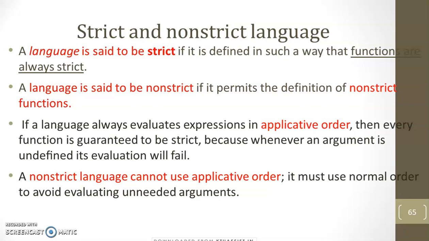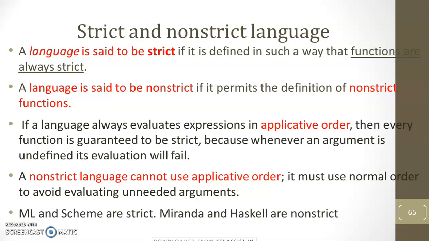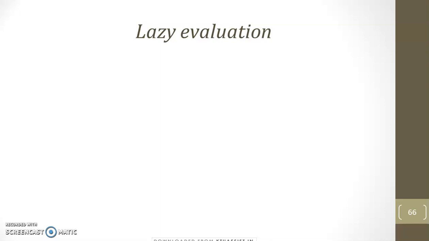A non-strict language cannot use applicative order. It needs to use normal order to avoid evaluating unneeded arguments. Examples of strict languages are ML and Scheme, and non-strict languages include Miranda and Haskell.